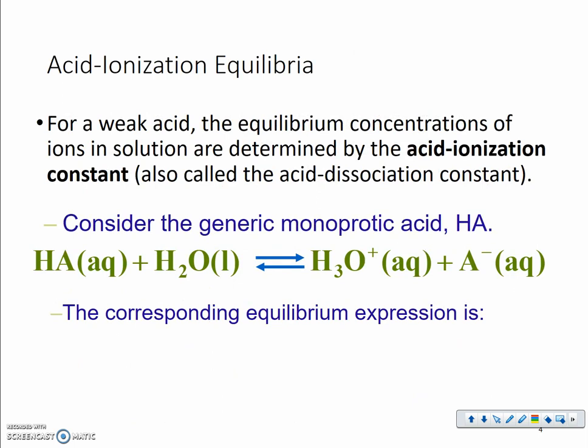Okay. So if we write this general reaction, it's a monoprotic acid, has one hydrogen, we can write an equilibrium expression for this, since it's an equilibrium reaction. So Kc is equal to the concentration of your products over the concentration of your reactants.